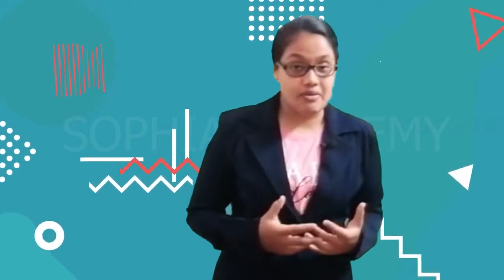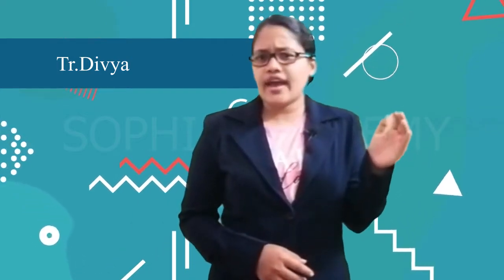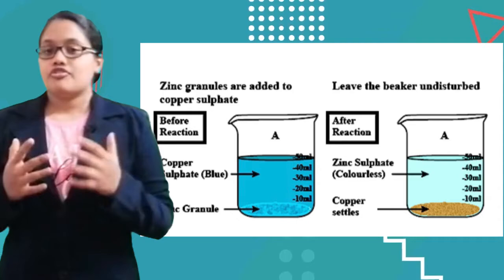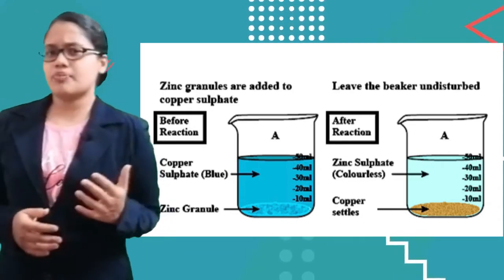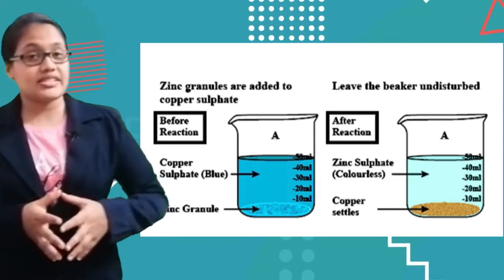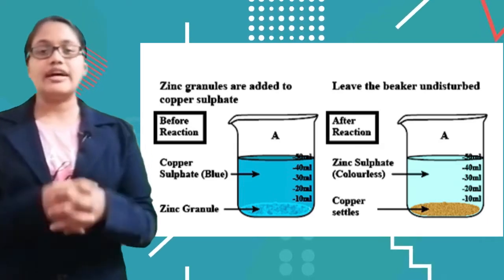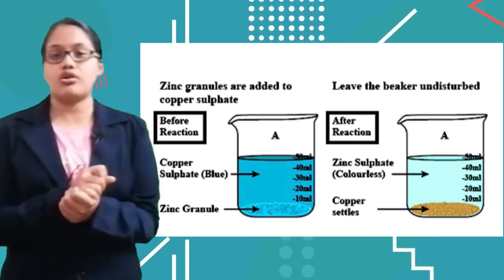In a displacement reaction, one element takes the place of another element in a compound. More precisely, a more reactive metal or element displaces a less reactive metal or element from its compound. For example, when a strip of zinc metal is placed in a copper sulfate solution, a displacement reaction occurs.